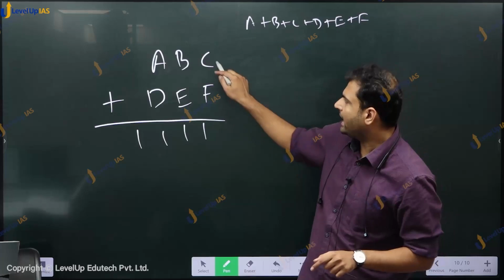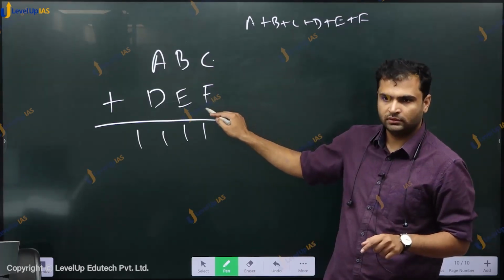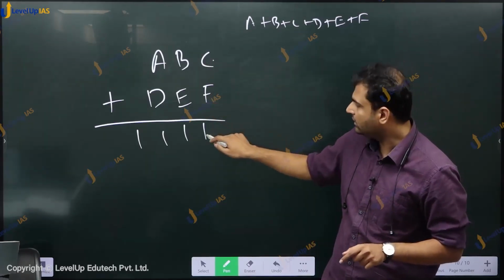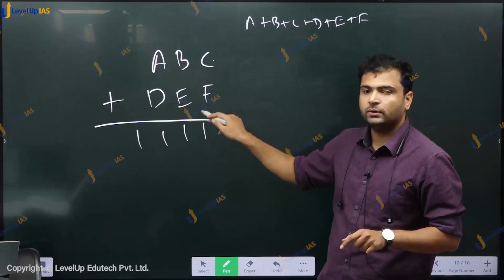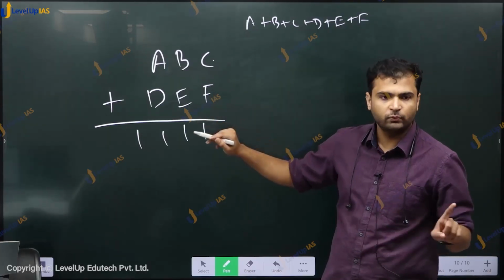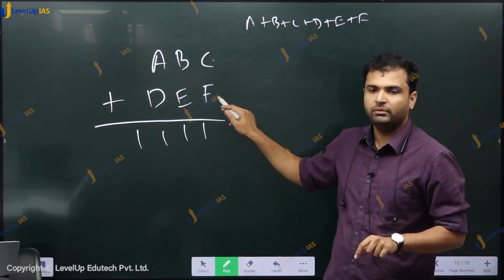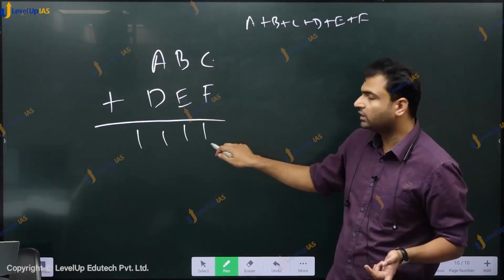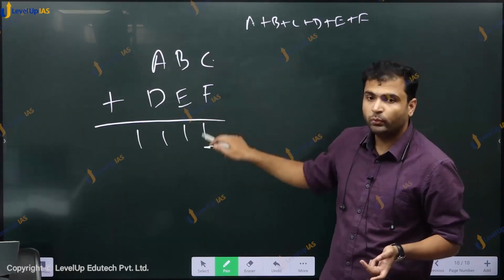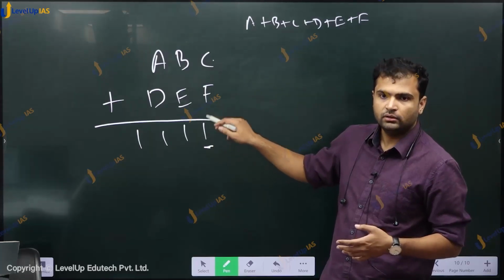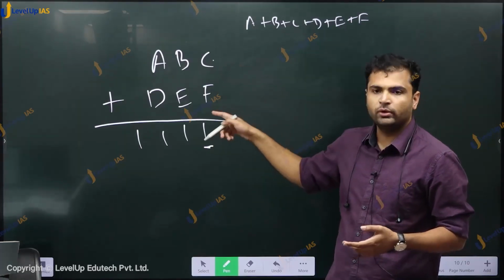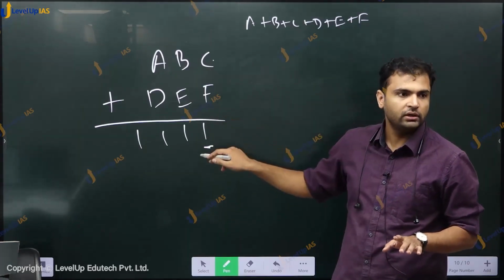So what will we do? We add C plus F, and we get 1 here. So C plus F should be what? It can either be 1 or 11. C plus F can be 1 or 11. Only then will 1 come here. But can it be 1? Then one would have to be 0 and the other 1 for C plus F to be 1.